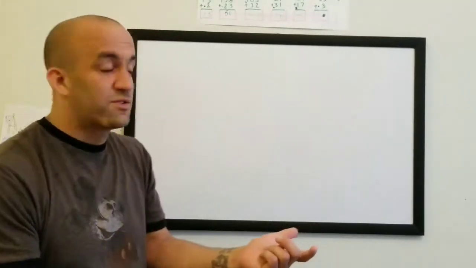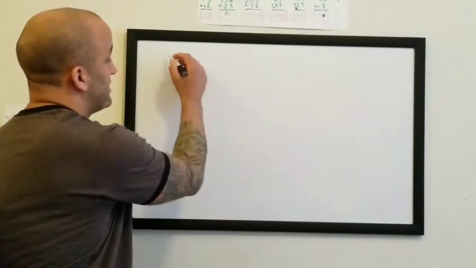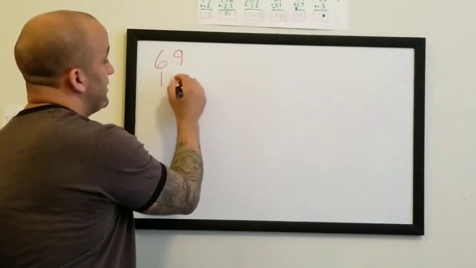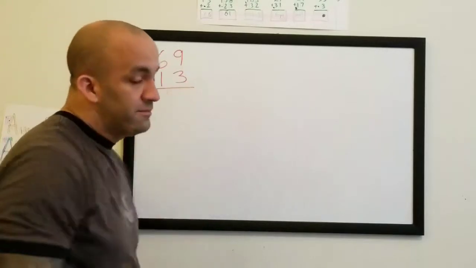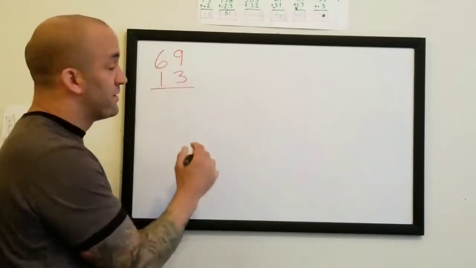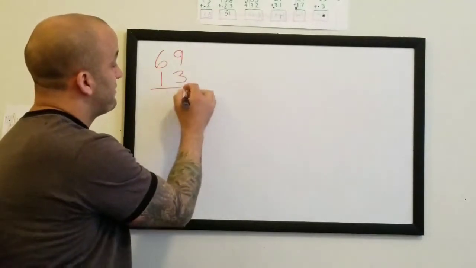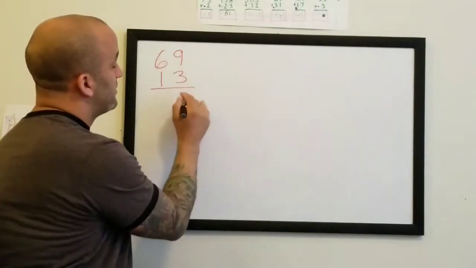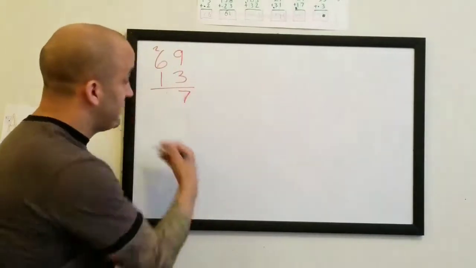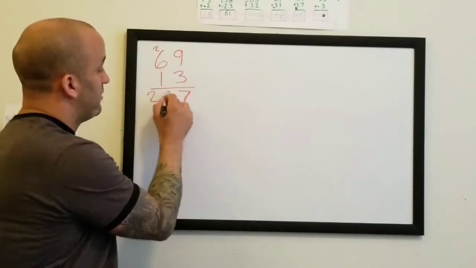Traditionally, when it comes to two-digit multiplication, we're taught to multiply the terms and then add them through. So let's say I want to multiply 69 and 13. What we traditionally do is multiply these terms. 3 times 9 is 27, carry the 2. 3 times 6 is 18, plus 2 is 20.